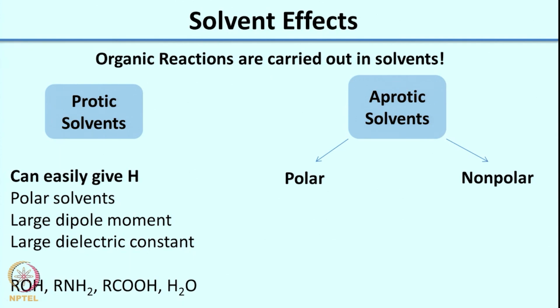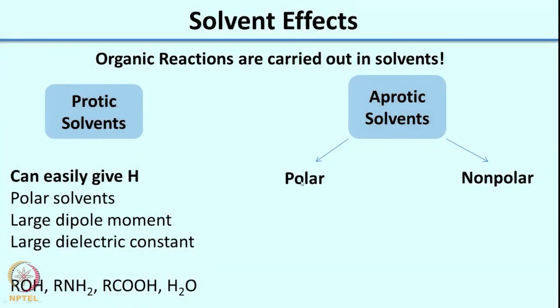Solvents in this class are ROH, RNH2, carboxylic acids like acetic acid, trifluoroacetic acid, water. These are all examples of protic solvents, and a lot of times people say polar protic solvents, which is not technically correct, because when you say protic, it is implied that the solvent is polar.